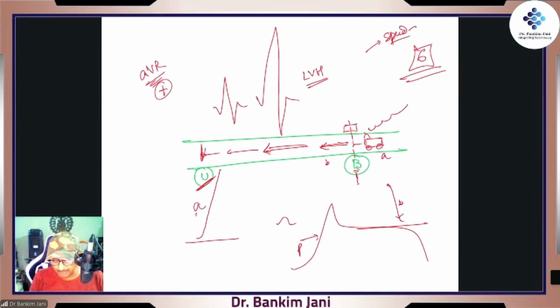So this is the P wave. When the P wave comes, this means the current has started going towards the atria, right? In the atrial muscles, they are now conducting. And now the contraction would occur. So then they contract.